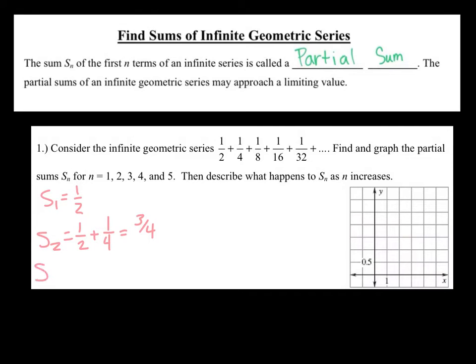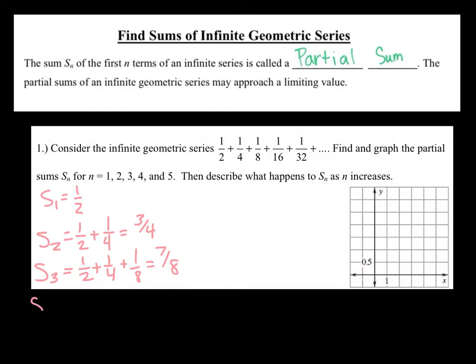The sum of your first three terms equals 1/2 plus 1/4 plus 1/8, which equals 7/8. And if you want to keep them as decimals, that is okay.